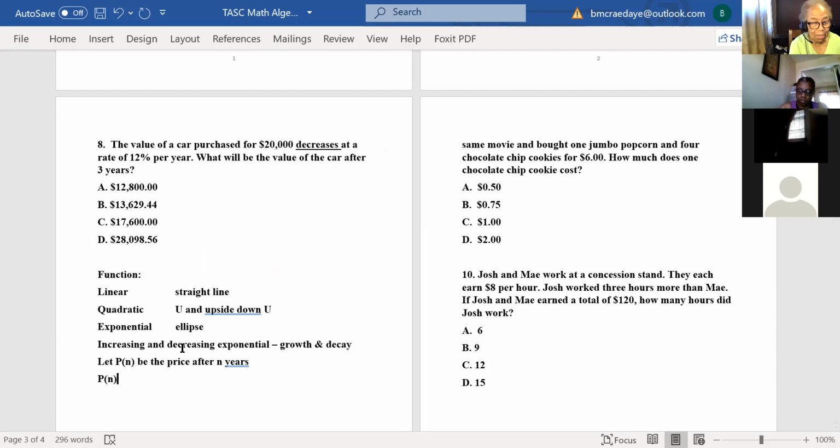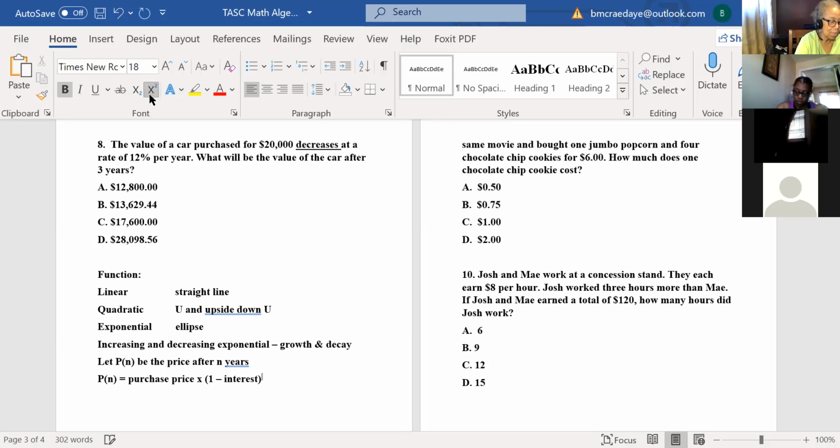This is going to be equal to the purchase price times, in parentheses, 1 minus the interest, and this is going to be raised to the number of years power, the n power.